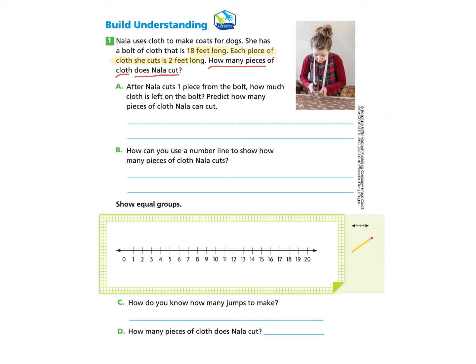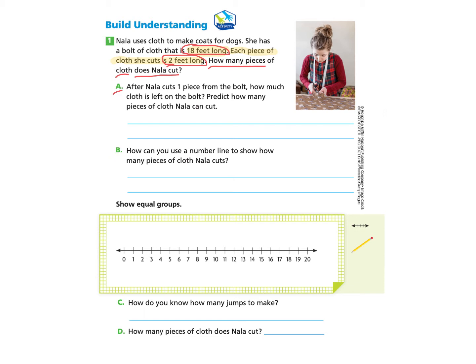All right, so we have 18 feet of cloth, and she's going to cut 2 feet long pieces, and we need to find out how many pieces of cloth she will cut. Part A, after Nala cuts one piece from the bolt, how much cloth is left on the bolt? Predict how many pieces of cloth Nala can cut.